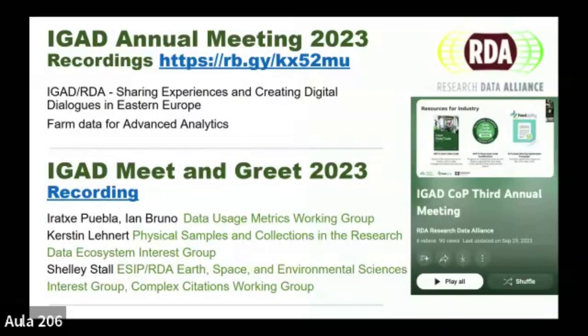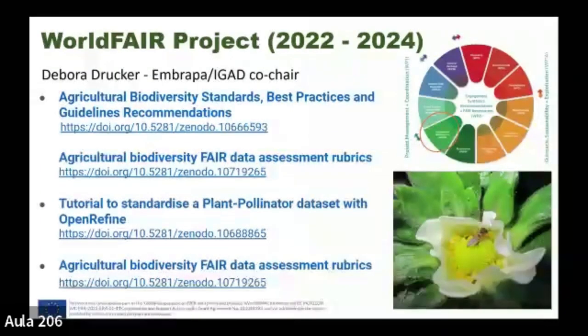So we had speakers from Africa and China, as well as Europe and the Americas. We also organized a meet and greet, and there's a recording link, and that is where we invited the chairs of various working groups outside of agriculture to come and give us some idea of what their work is, hoping to share that with our agricultural networks.